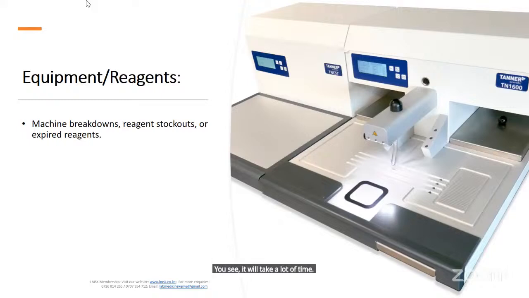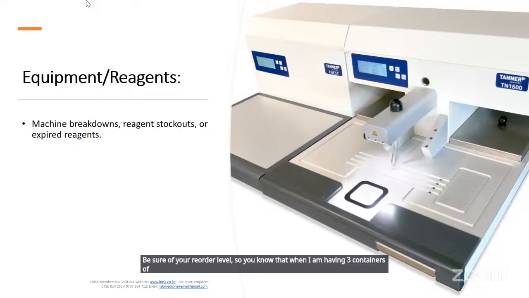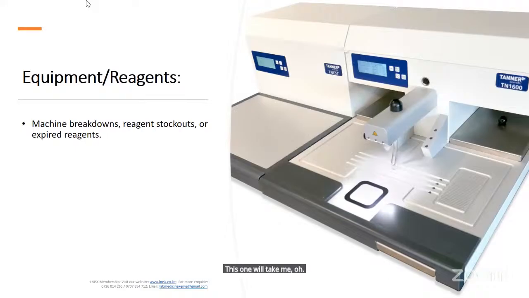So make sure you monitor your stock and be sure of your reorder level. So you know that when I am having 3 containers of xylene remaining, I have to order another one. This one will take me 2 weeks as I wait for that one. Know your stocks and it will help you save TAT.